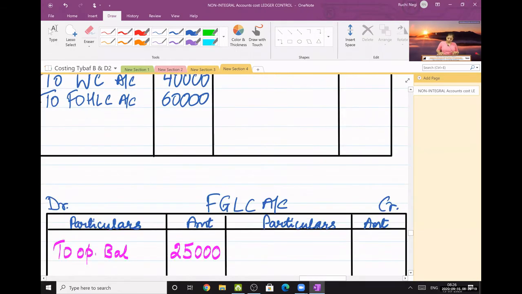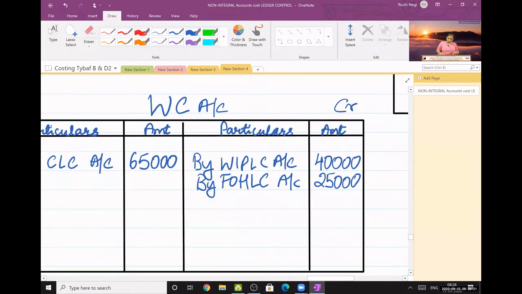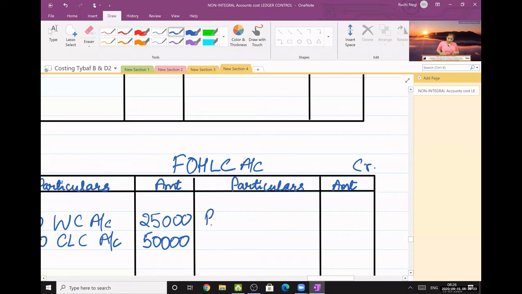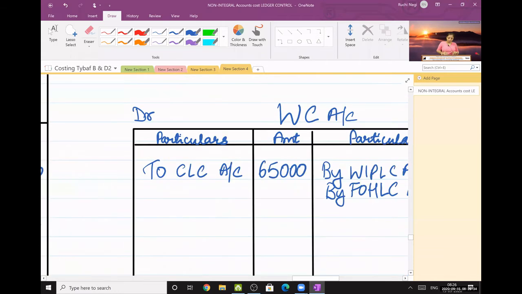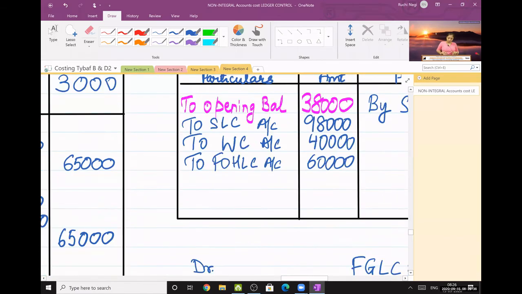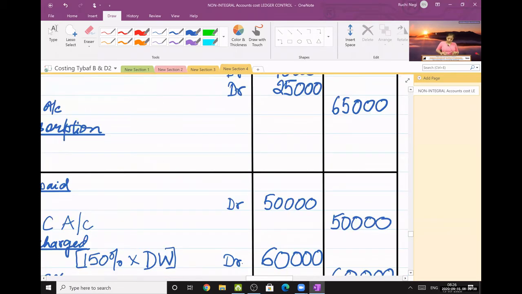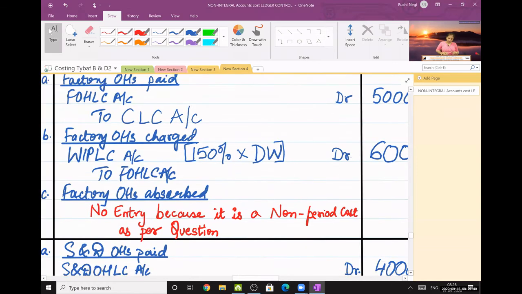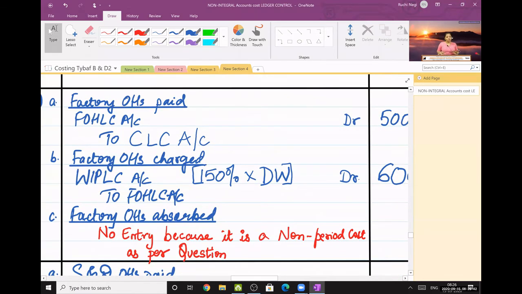Second effect in FOH, the credit side by WIP ledger control account 60,000. मैंने पे कर दिया, चार्ज कर दिया, एब्जॉर्प्शन तो नहीं आएगा, forget it.